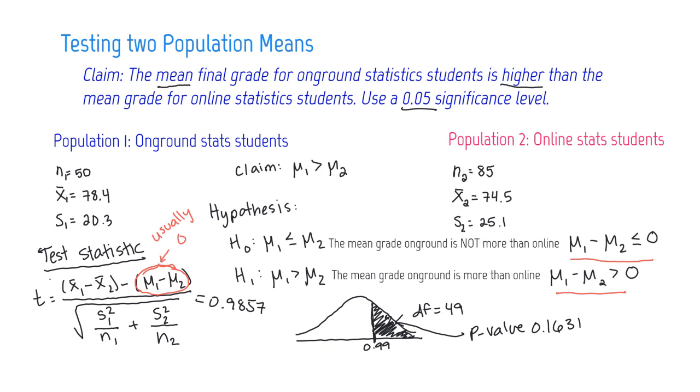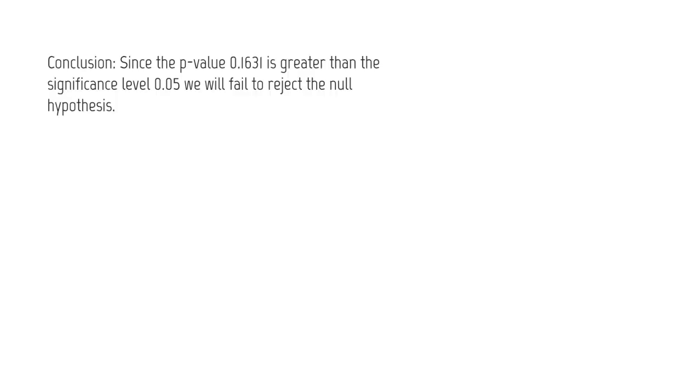Our p-value is greater than 0.05. So what conclusion do we make? Do we reject or do we fail to reject the null hypothesis? So that's right. Since the p-value is 0.1631, it is greater than the significance level. That means we fail to reject the null hypothesis.